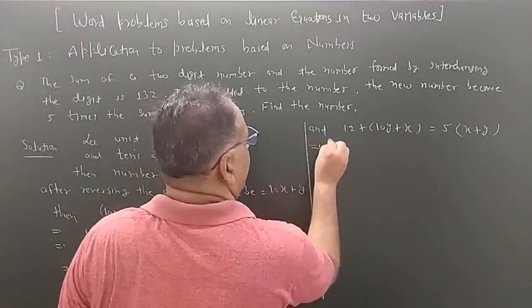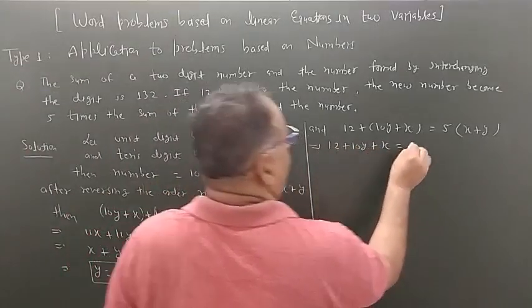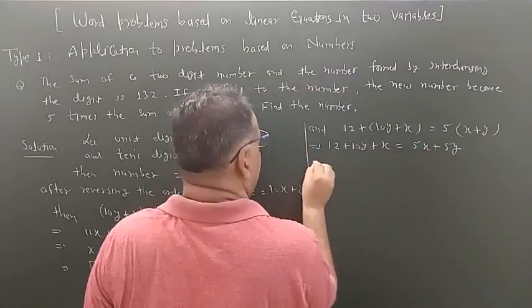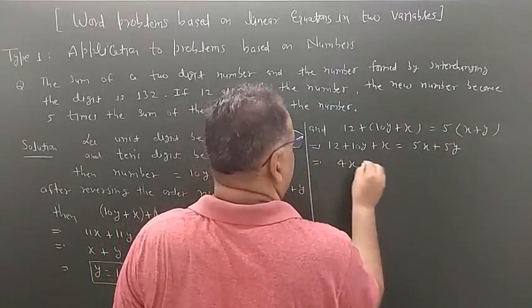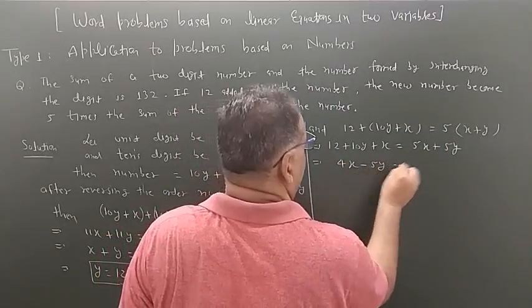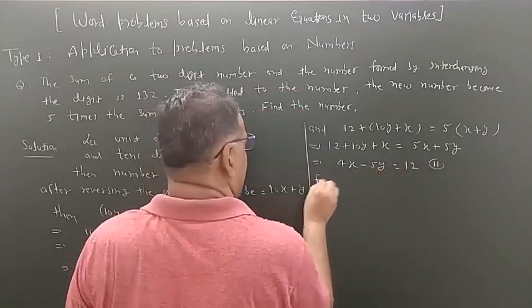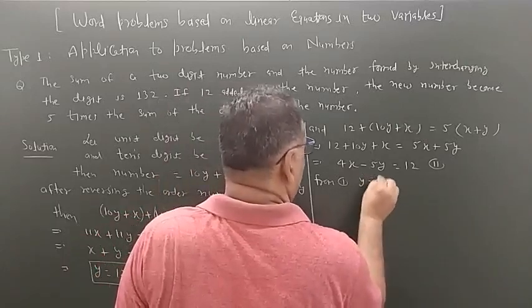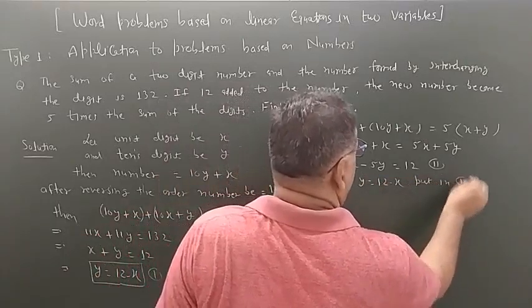After simplifying, we have 12 plus 10y plus x equal to 5x plus 5y. Now we have 4x minus 5y equal to 12. This is equation number second. From first, y equal to 12 minus x, put in second.